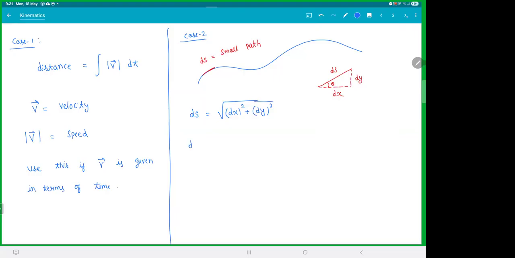Take out dx common, you end up with root over 1 plus dy by dx whole square. Now, if I integrate on both sides, this becomes the length of the curve or the distance. If you add all these small ds, ds, ds, if I add all the small things, what do you think I'll get? I'll get the total length of the path, isn't it?